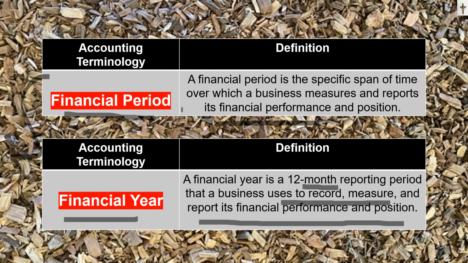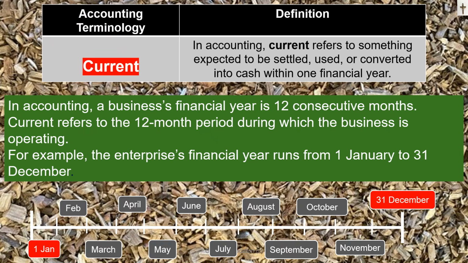So, financial year, financial period, current year, current period, all mean the same thing, right? The financial year, 12 consecutive months. Can run from the 1st of January to the 31st of December. It can run from the 1st of July to the 30th of June, 12 months in a row. Right, I went through current.